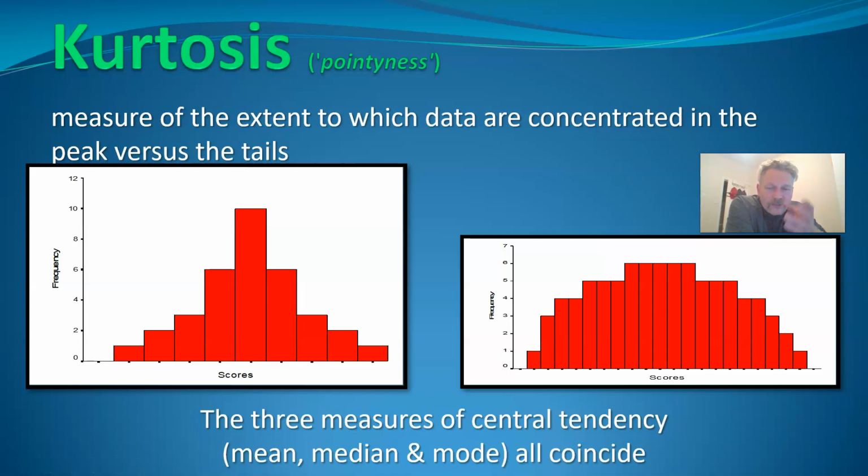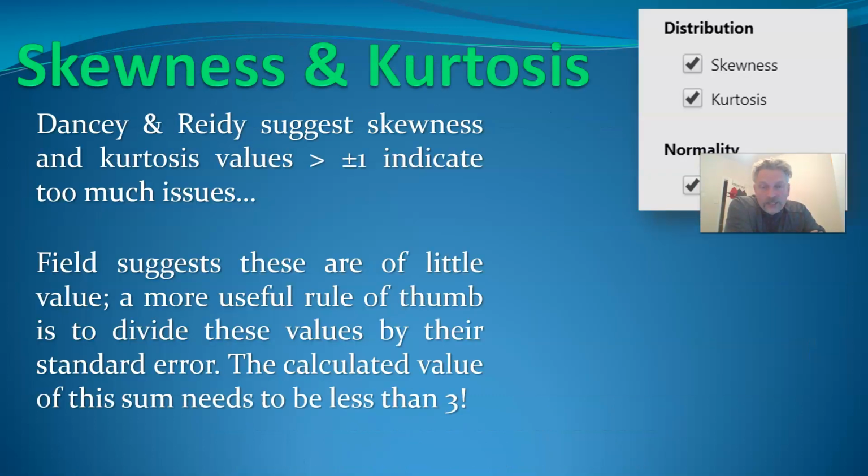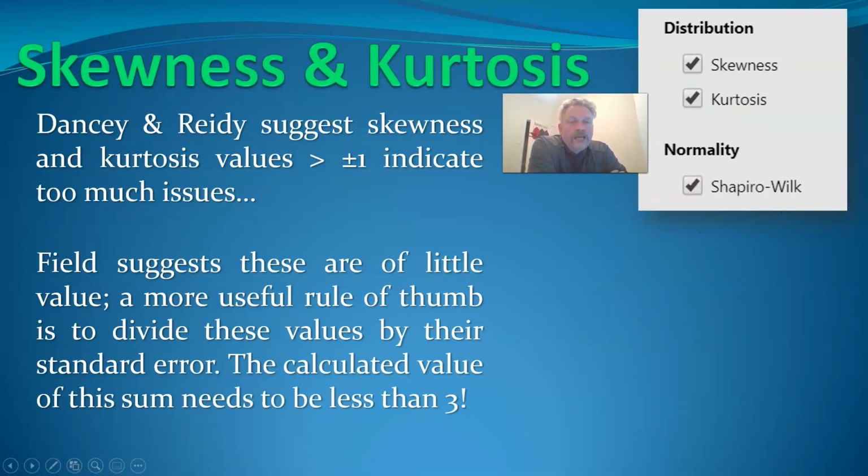And whilst I'm showing you the distributions here, one of the things that you can actually do in jamovi, face is in the way again, is choose what these different measures of your distributions will be. So you can get it to tell you how much skewness and kurtosis there is in your data.